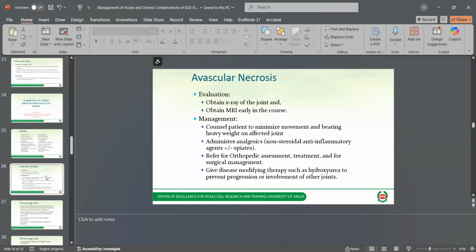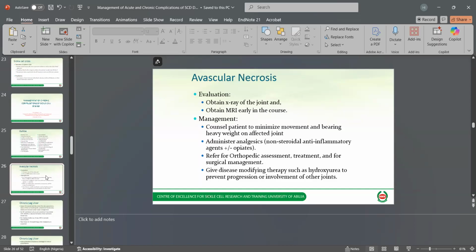Administer analgesics, non-steroidal anti-inflammatory agents, plus or minus opiates, depending on the severity. Refer for orthopedic assessment, treatment, and for surgical management if indicated.